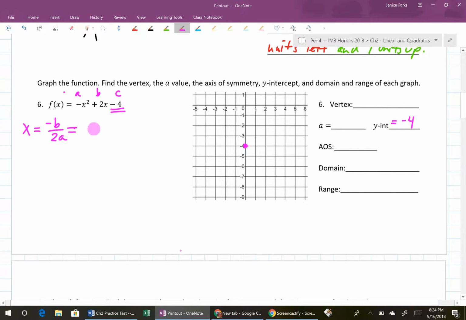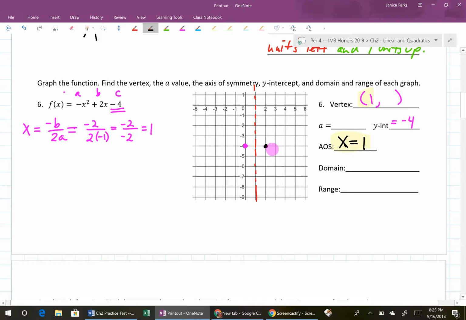So negative b would be negative 2 over 2 times negative 1, which would be negative 2 over negative 2, which is 1. So the vertex is going to be 1. And that's also the axis of symmetry, which is x equals 1. The h value, or the x value of your vertex, is also your axis of symmetry. So it's here. That means that you also have another point directly on the other side of that.